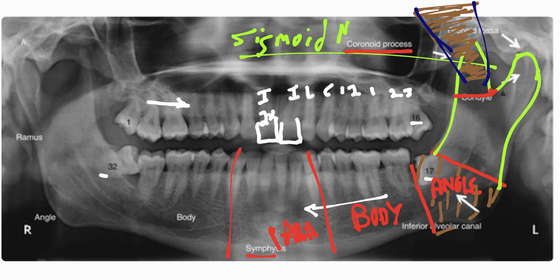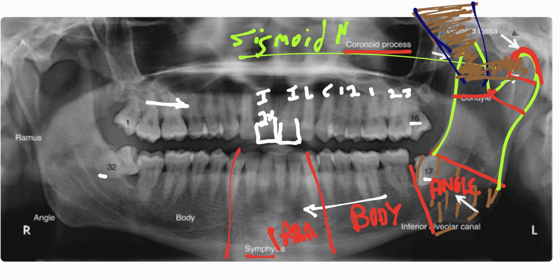Then posterior to the sigmoid notch are three components of the mandible. One is that portion which articulates with the glenoid fossa of the temporal bone, is contained within the TMJ, and also has the insertion of the lateral pterygoid muscle, and that portion is the condyle.